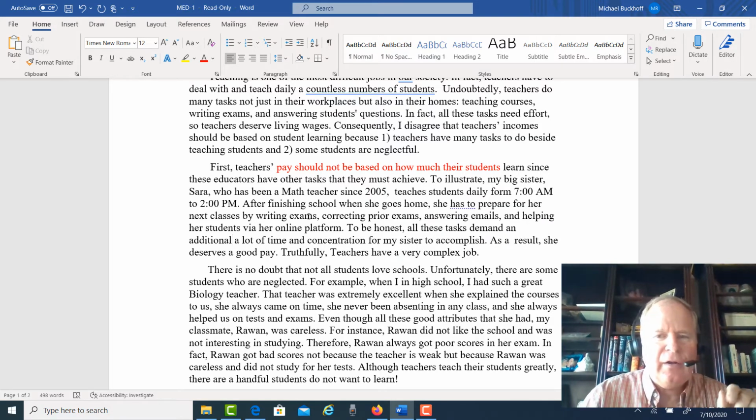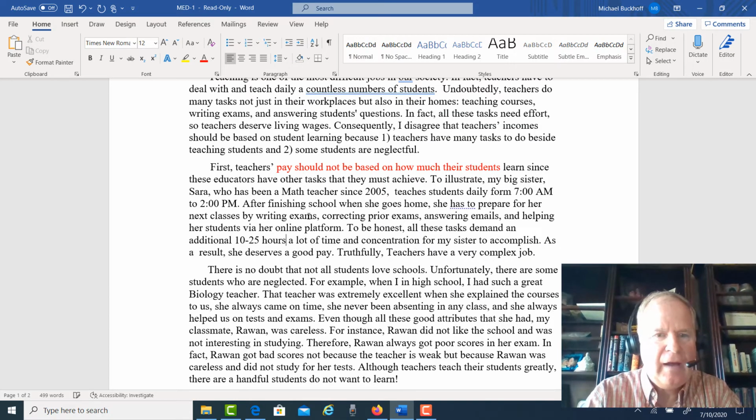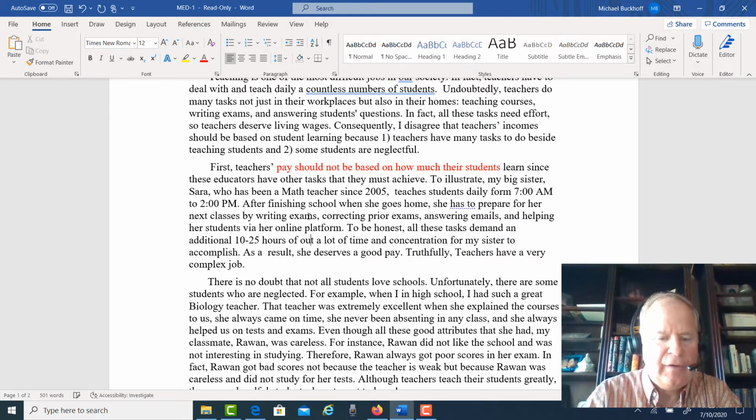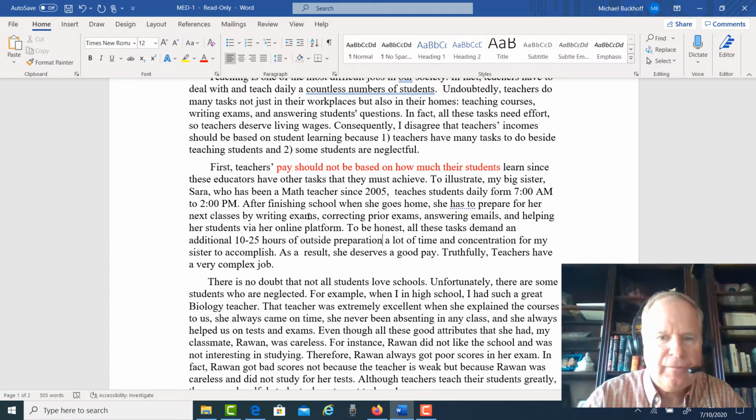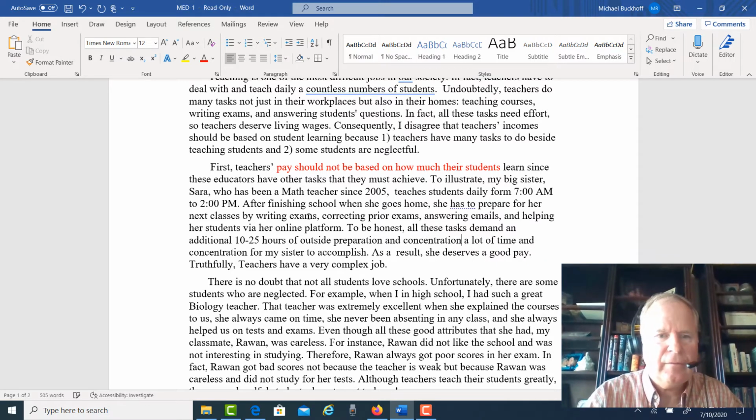How about, to be honest, all these tasks demand an additional maybe 10 to 25 hours of outside preparation and concentration.